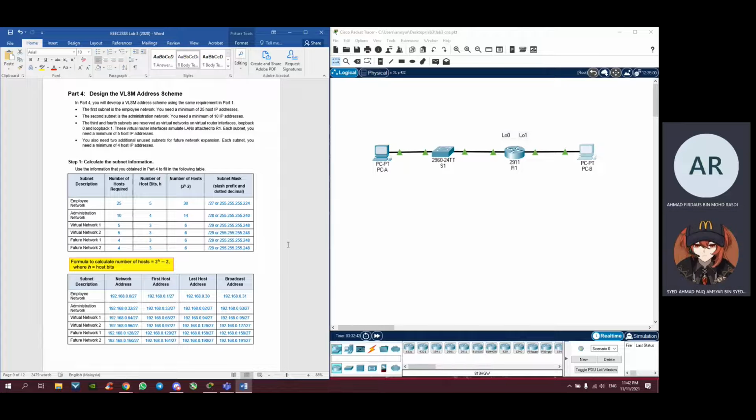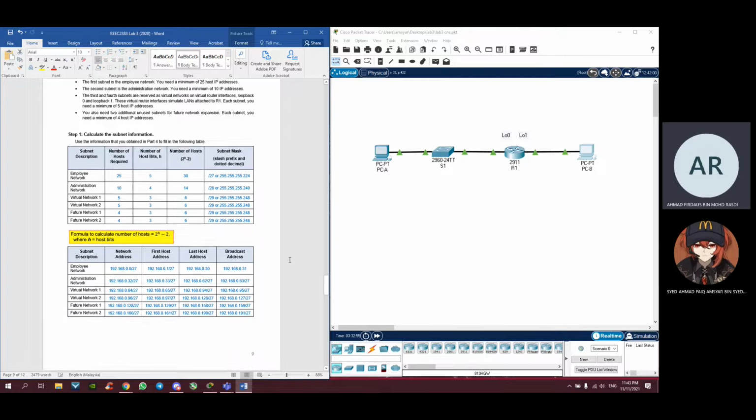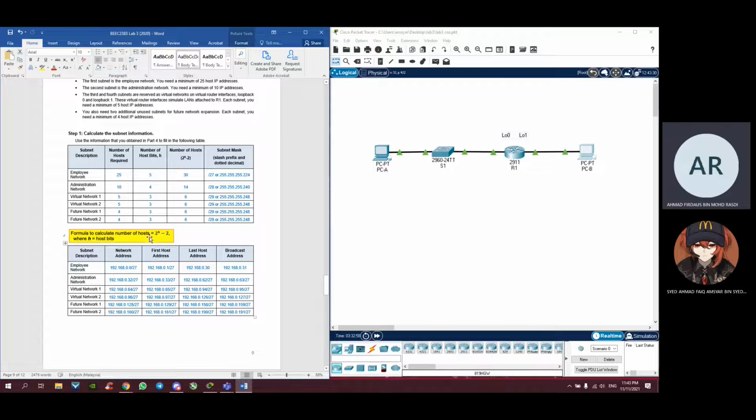Okay, as you can see in the first row, for the employee network the number of hosts required is 25. So the number of host bits is 5, because the number of hosts is 30. The formula given is 2 to the power of h minus 2, where h is the host bits. For the next, the administration network, the number of hosts required is 10, the number of host bits is 4, and the number of hosts is 14.